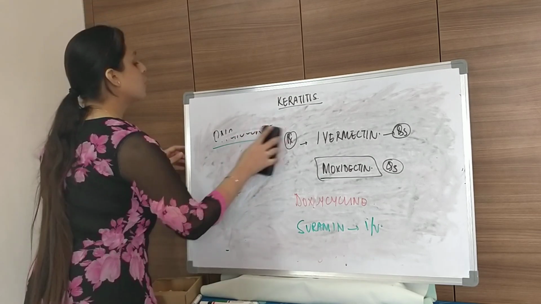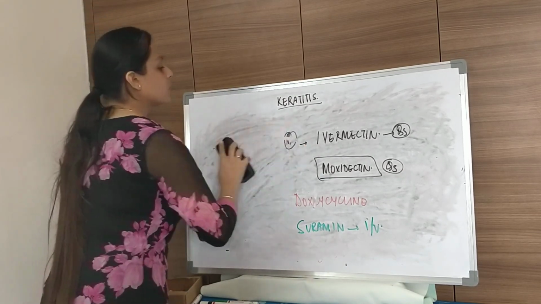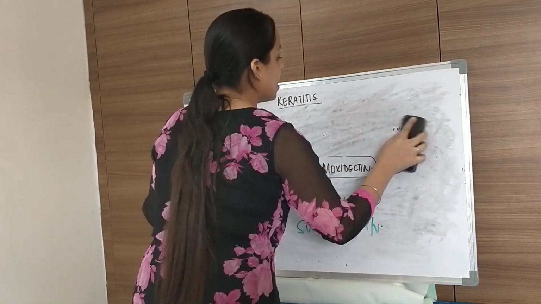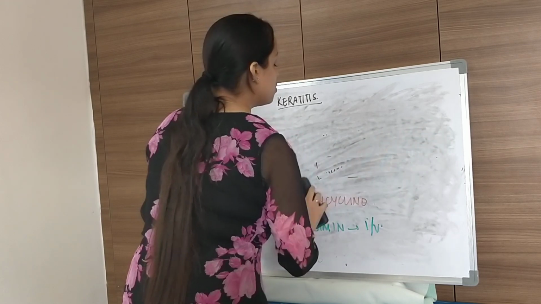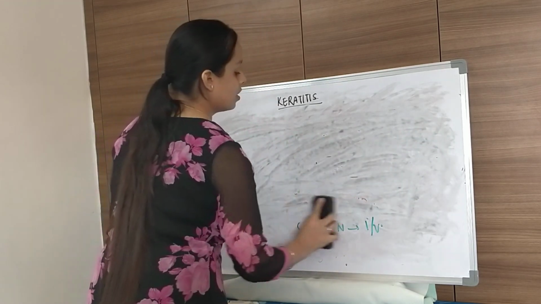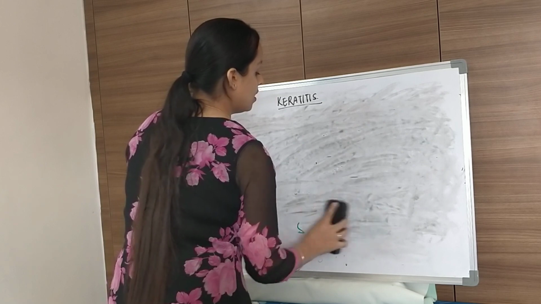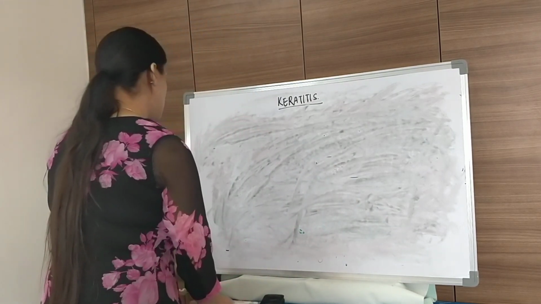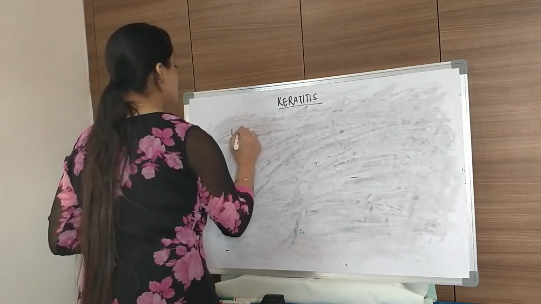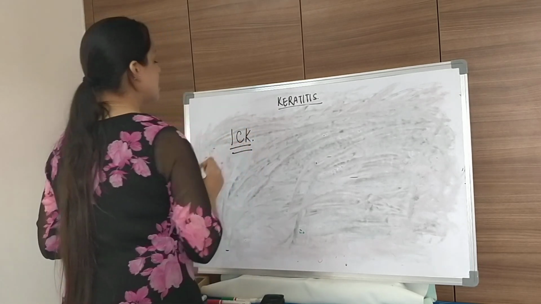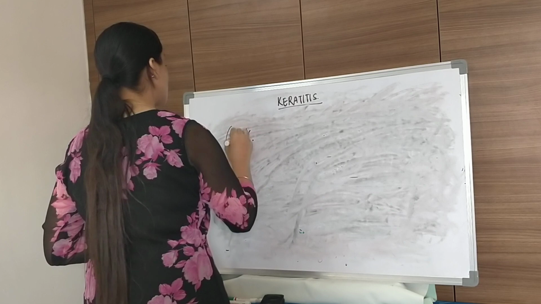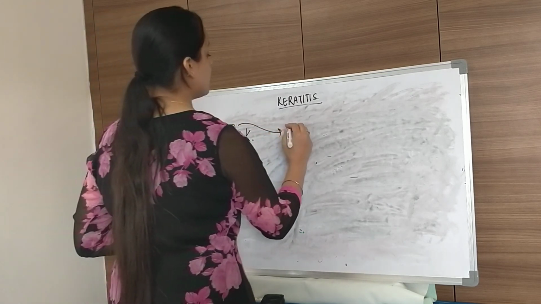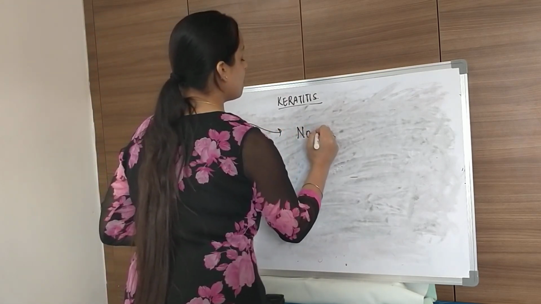So before I close this topic on infectious keratitis, I will tell you about a miscellaneous form of keratitis, which is infectious crystalline keratitis, or ICK. So what is this ICK? The word infectious, this is infectious of course, but it is non-inflammatory.